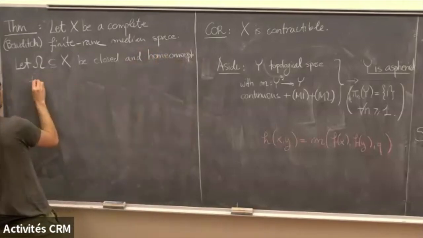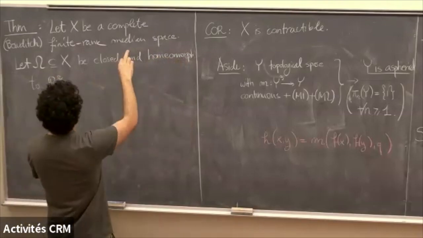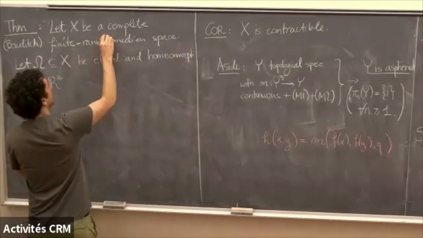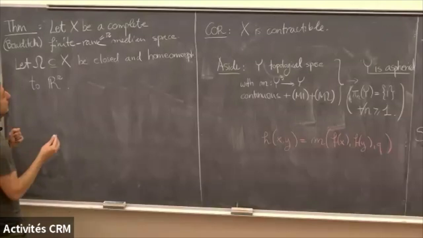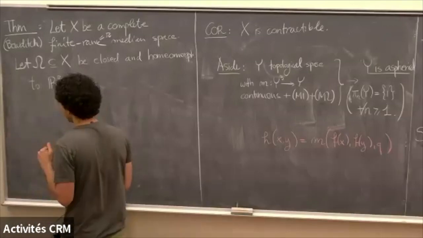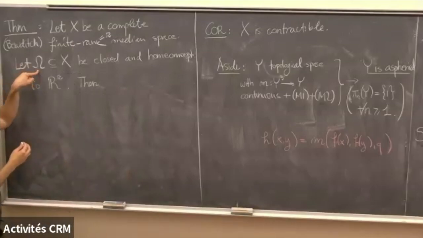I should say, let's say that X is a complete median space with finite rank R. Then, first of all, first non-trivial fact, omega will actually be convex in this case.